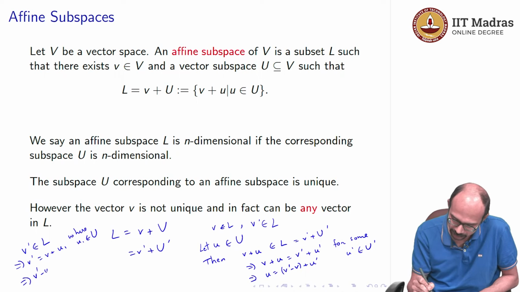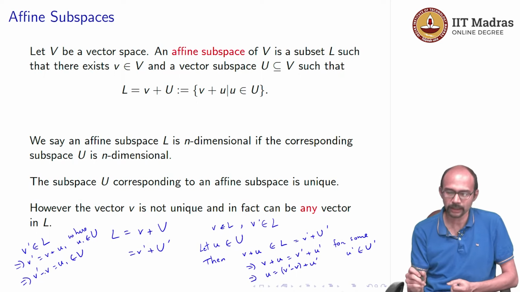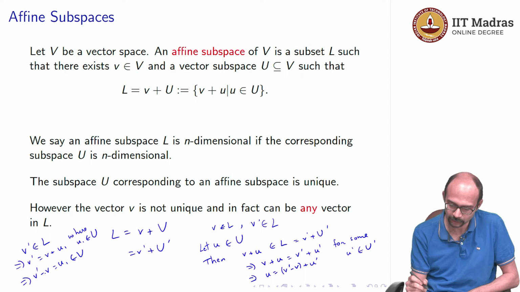That means v prime minus v is equal to u1 which belongs to u, right. And you can take the negative, so that will tell you also that v minus v prime belongs to u.